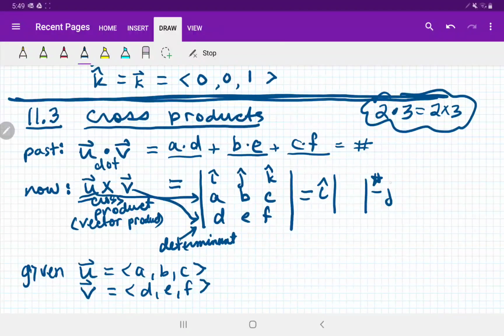Remember the minus here, j, and you can use whichever vector marks that you want to use. I would use the hats if you're not in my class. I mean, I would use the regular vector thing if you're not in my class. Plus k times this. And then what did we put in there? Do you remember? So we crossed out the i, j, k column, and then we put in b, c, e, f.